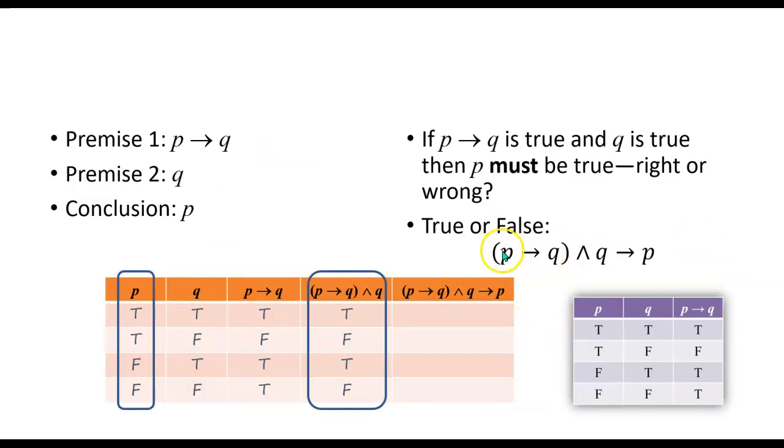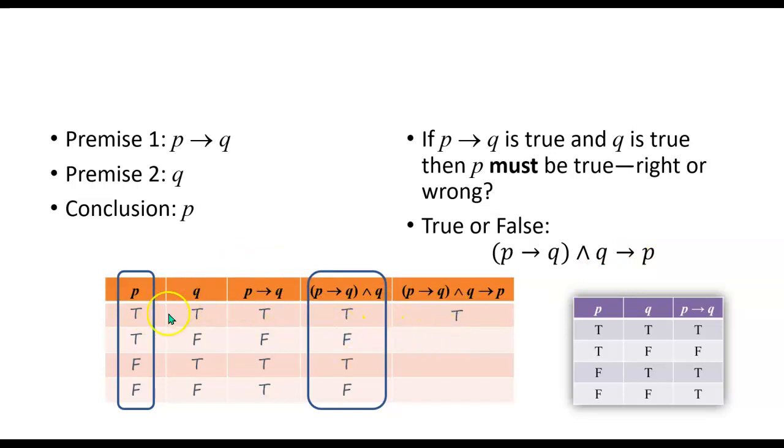Now, we're going to take care of this whole thing. The whole thing is a conditional, where the if part, the antecedent, is what we just evaluated: if P then Q and Q. And the consequent, the then part, is P itself. So focusing on those and evaluating the whole conditional, if true, then true equals true.